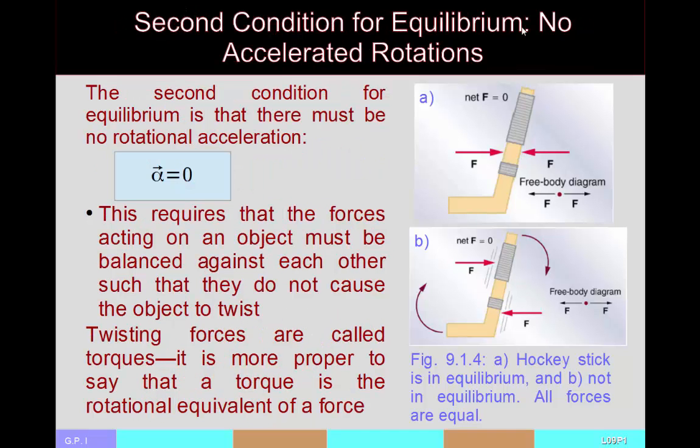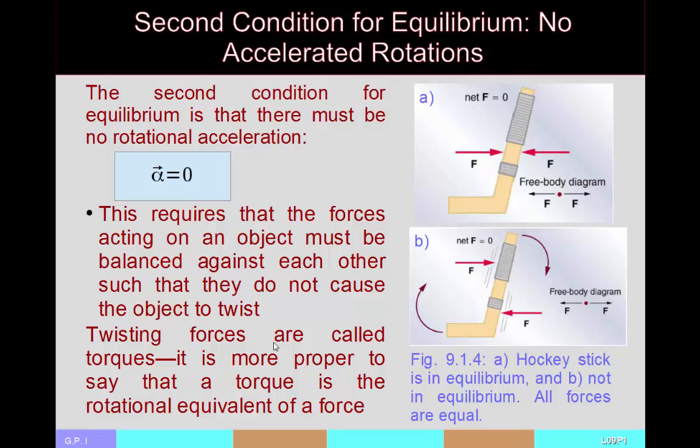So the second condition for equilibrium is that there are no accelerated rotations. So that would be equivalent to saying the rotational acceleration is 0. What this requires is that the forces that act on any given object have to be balanced against each other in such a way that not only are they not causing a translational acceleration, but they are also not causing a rotational or twisting acceleration.